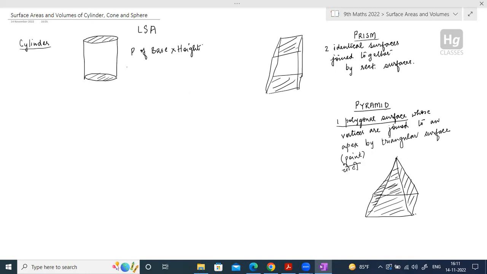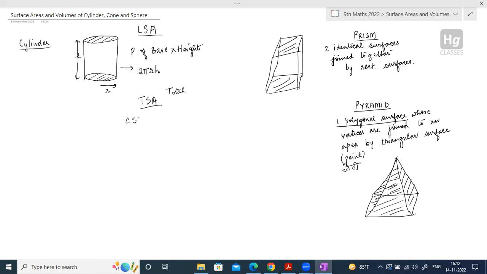Therefore, the lateral surface area of a cylinder becomes, what is the perimeter here? Circle, 2 pi r. And if you assume the height of the cylinder is h, the formula becomes 2 pi r h, right? And then the TSA. TSA stands for total surface area. Finding out the total surface area is very easy.